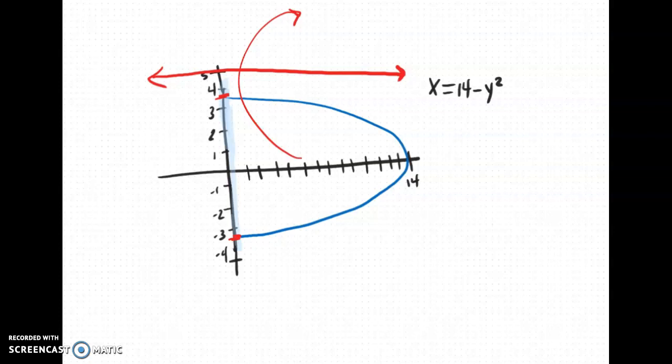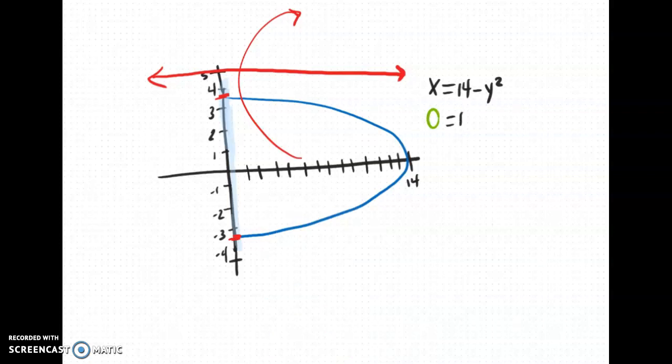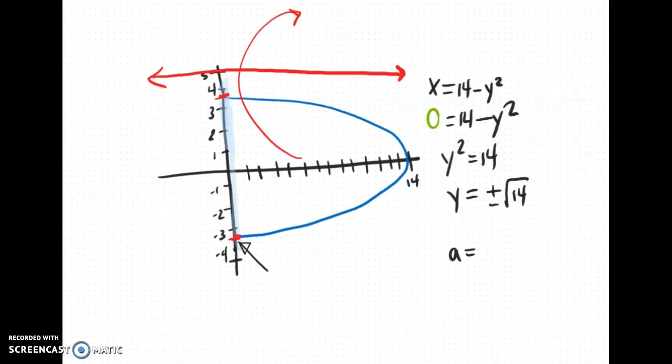And so to find that, we're going to plug in the value of 0 for x. And so we would end up with y squared equals 14, or y equals plus or minus the square root of 14. So my A would be the smaller, the lower number, and my B would be the upper bound of the square root of 14.